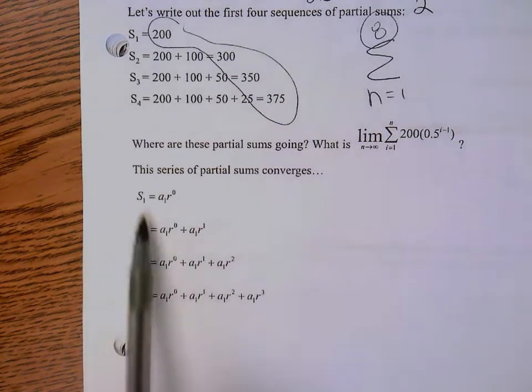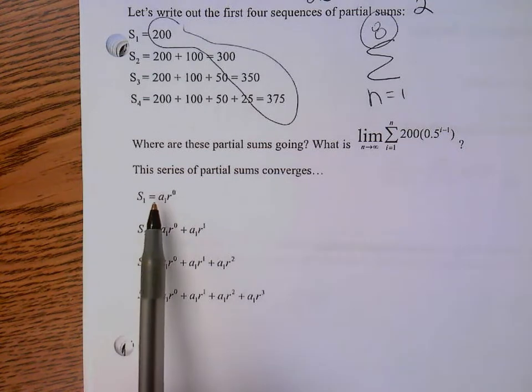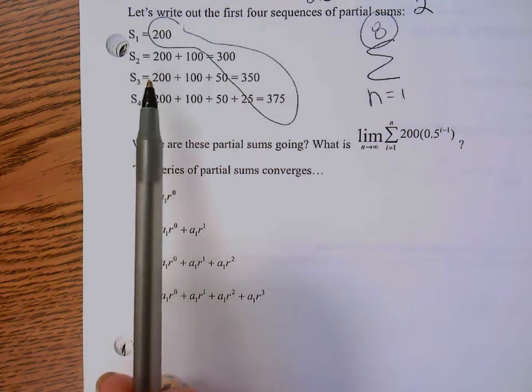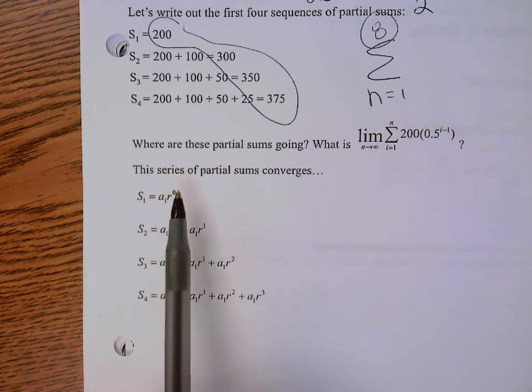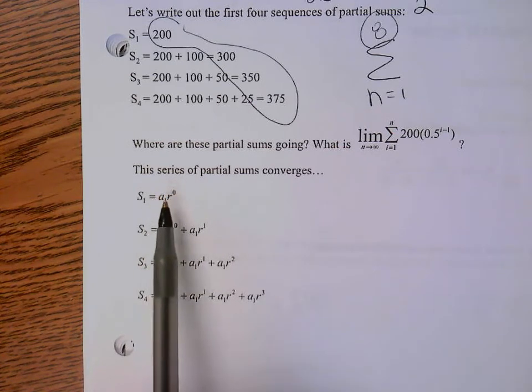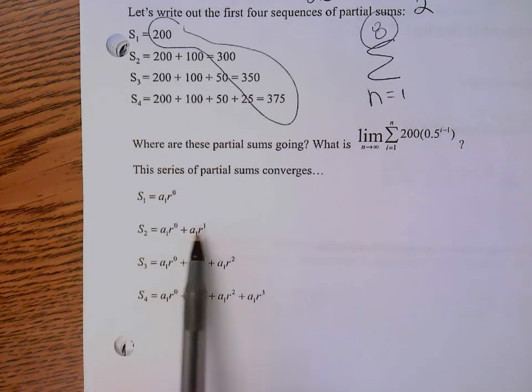So this is just representing what we did above, but instead of writing the number 200, the number 100, they're calling the first term a sub 1, and then r to the 0 power is just itself, right? So a sub 1 is the first term. This takes a sub 1 again and adds the term 100, right?